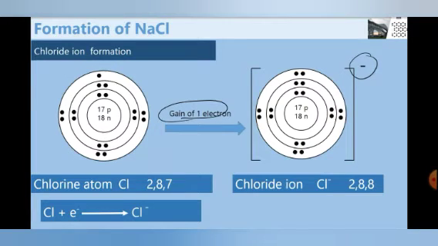Have you ever wondered, where does the electron that chlorine gains come from? Of course, if you have guessed that it comes from another atom, you are correct. So let us see how sodium loses an electron to chlorine to make sodium chloride.